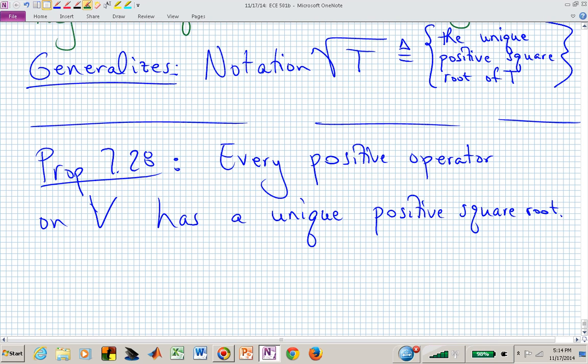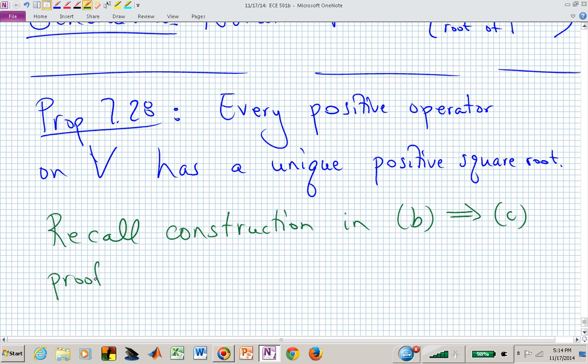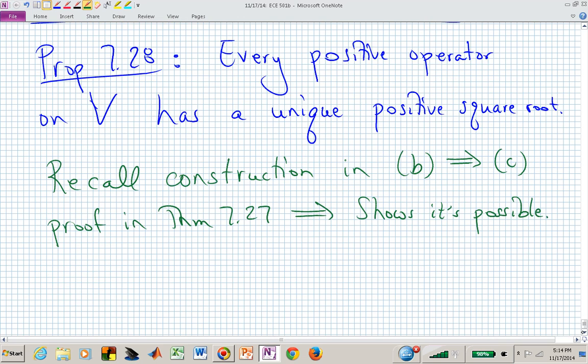And you can recall the construction that we just performed when we were showing that statement B implied statement C. Meaning we know it's possible, and if you want to see the proof, I'm going to refer you to the textbook.